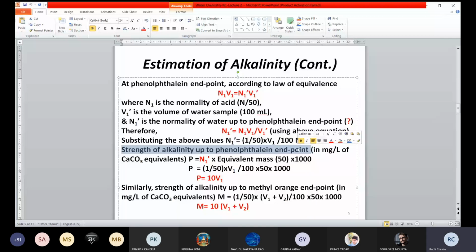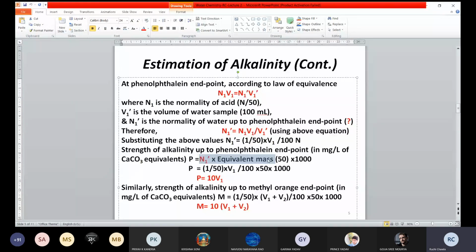Now, I told you last time, what is the unit in which alkalinity is generally expressed? ppm of calcium carbonate equivalents. I am yet to discuss what this unit is. This I will explain in the next class. In fact, write down one more piece of information: 1 ppm is equal to 1 milligram per liter.